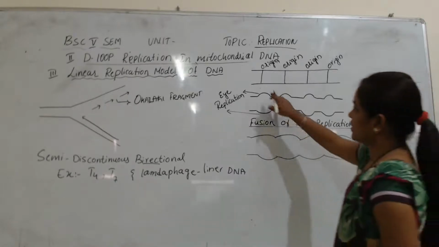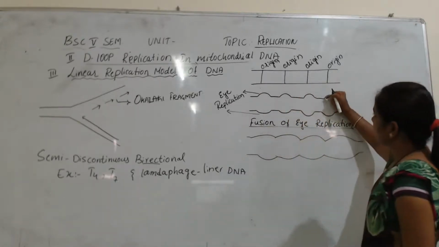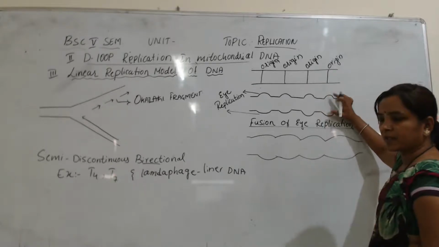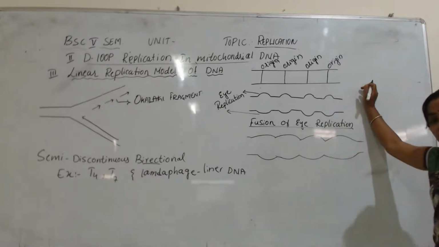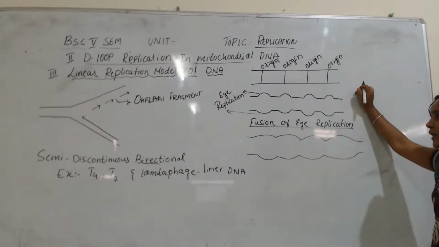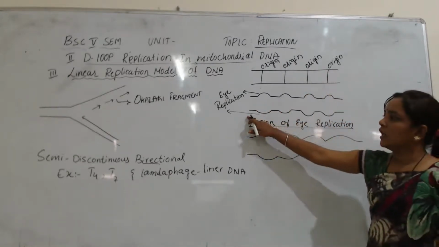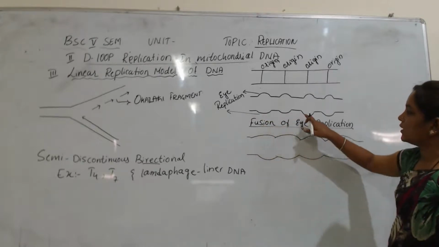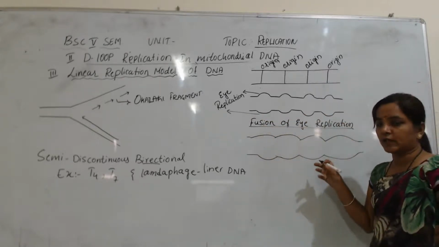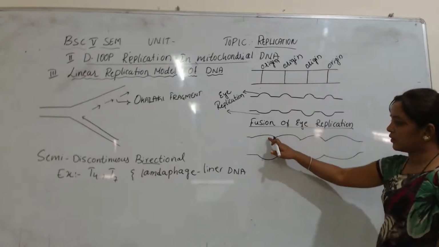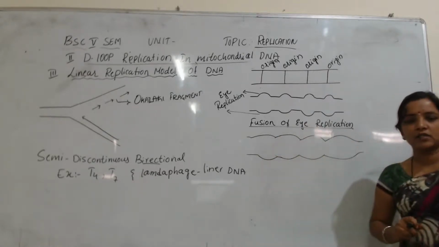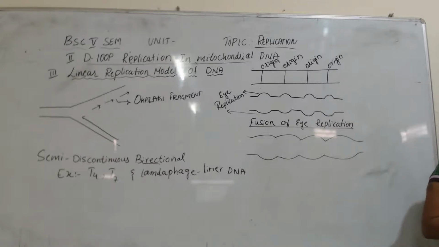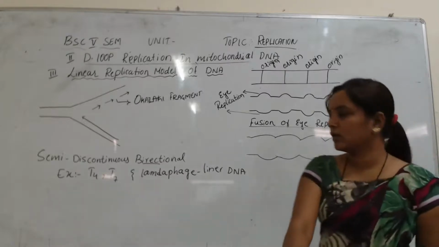Its origin is there. Wherever the origin is, the eye bulging formation takes place by addition of some enzymes, polymerase enzymes. One we will take, it will form an eye-like structure. So eye replication. Now all the eyes start joining, fusing. So fusion of eye replication. You can see the fusion of eye replication. This is the second step. The origins of the replications are involved. Many replication eyes and many replication forks are formed. Let us represent one more on this side.